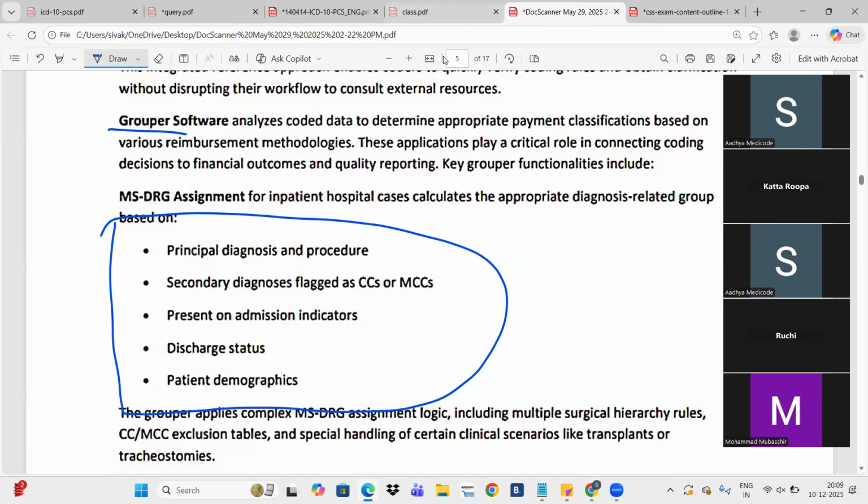Grouper software analyzes coded data to determine the appropriate classification based on various reimbursement methodologies like MSDRG or APC. It will provide the appropriate DRG value and APC classification both. What is the use of Grouper software?